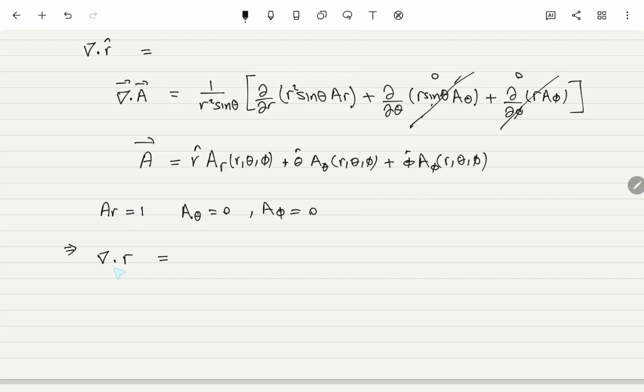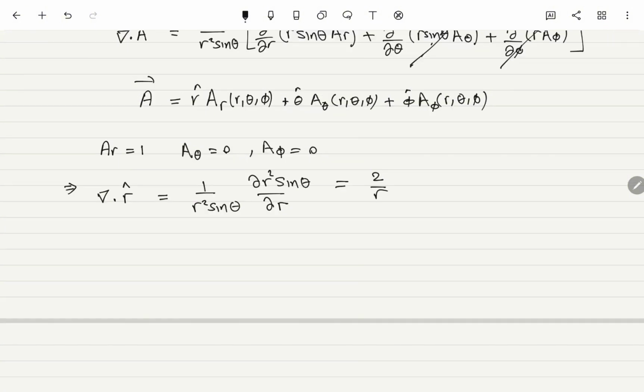So divergence r hat is equal to 1 over r square sine theta partial r square sine theta partial r, which equals 2 over r.